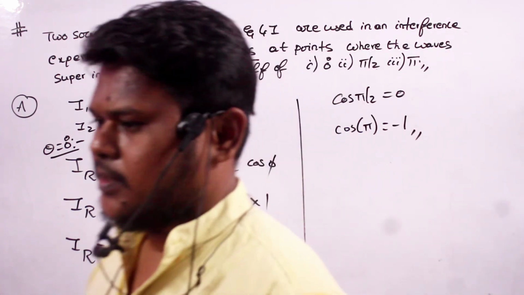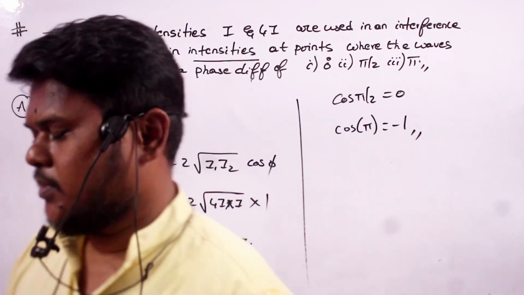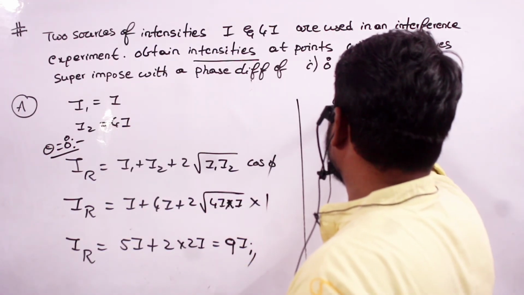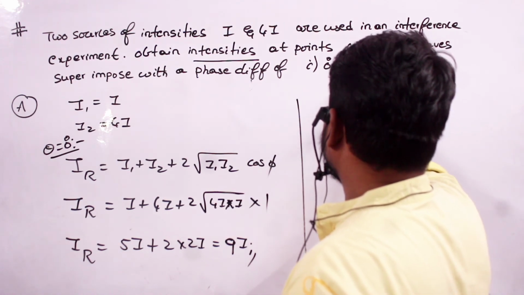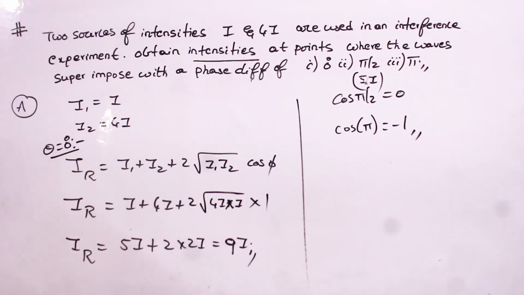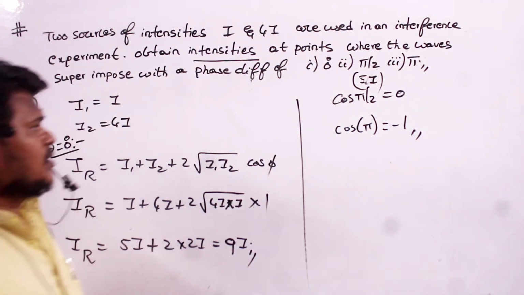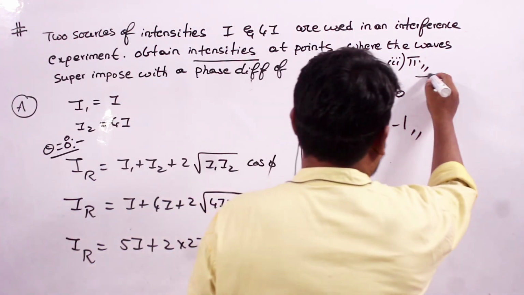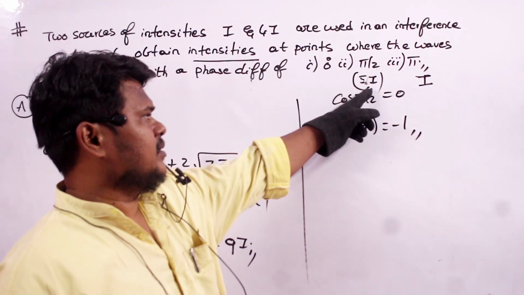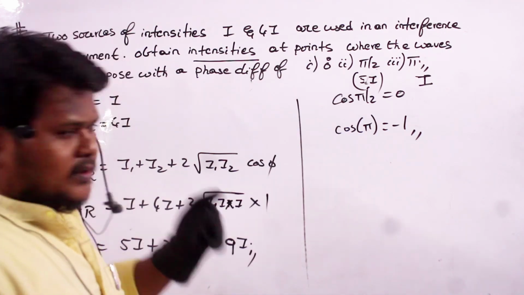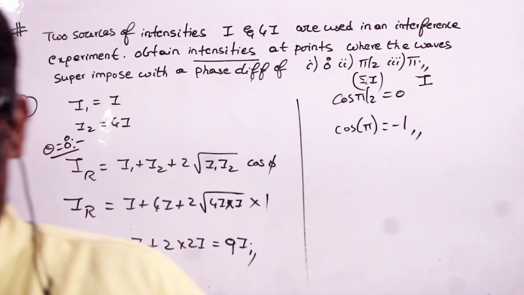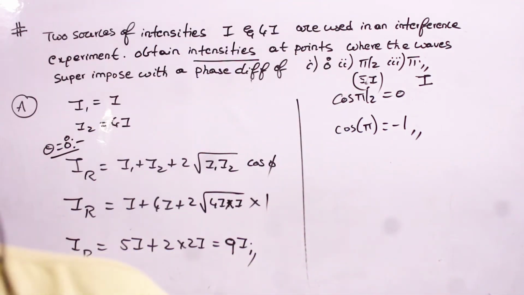So 5I is the answer for the second option, and for the third one the answer is I. When angle is pi, intensity is I. For this one it is 5I. For this one it is 9I. Okay. So that is the end of the topic called Huygens' principle.